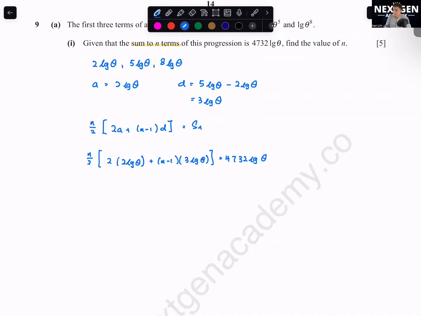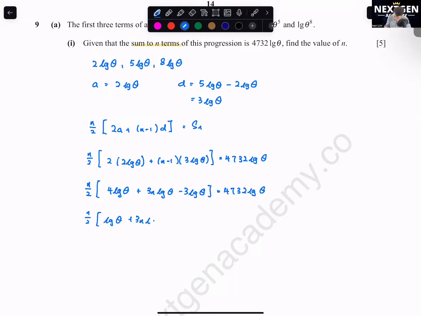Let's open up the bracket, or see if we can simplify anything. Inside the bracket here: 4 log theta plus 3n log theta minus 3 log theta equals 4732 log theta. N over 2, this will be log theta plus 3n log theta equals 4732 log theta.